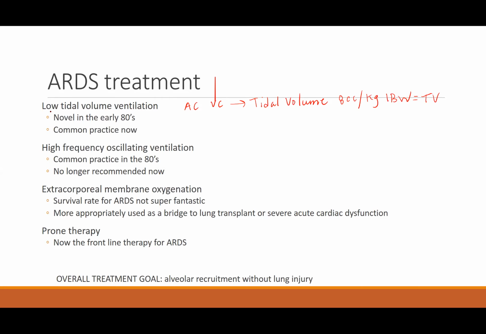When we look at someone with ARDS or someone with lung injury, we're looking at low tidal volume ventilation. So instead of 8 cc's per kilo, these patients are going to be much more safely ventilated on something like 6 cc's per kilo. And in some situations, I've seen all the way down to 4 cc's per kilo.